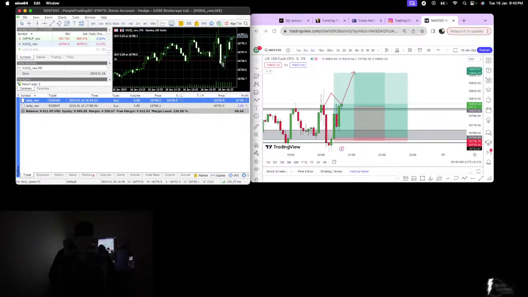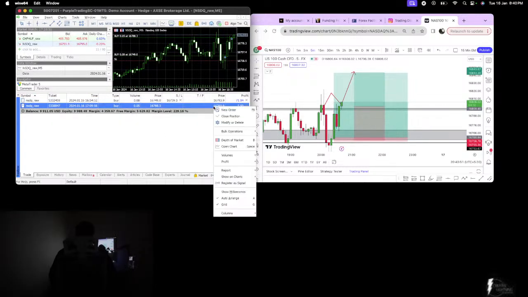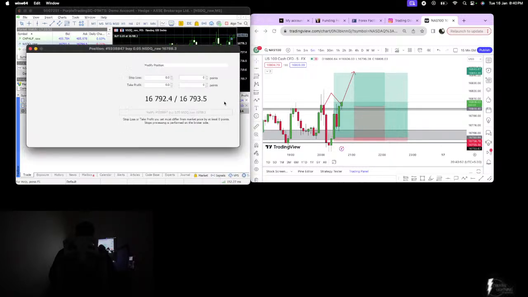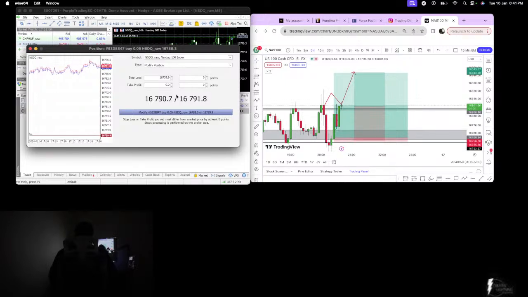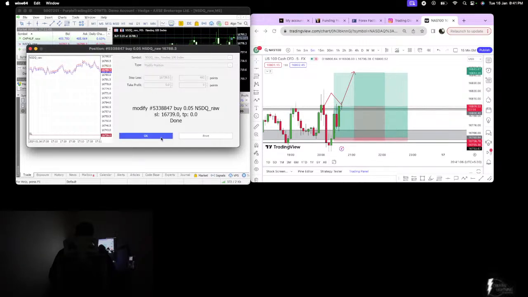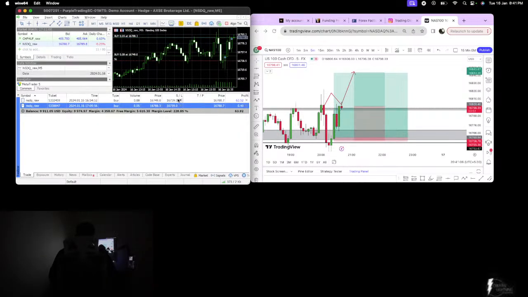So this is the stop loss, you can see, of one position and the new one also. 16,739, right? So we have placed the stop loss for both the positions at this point, clear? And let's place the target, or we'll do it later on.